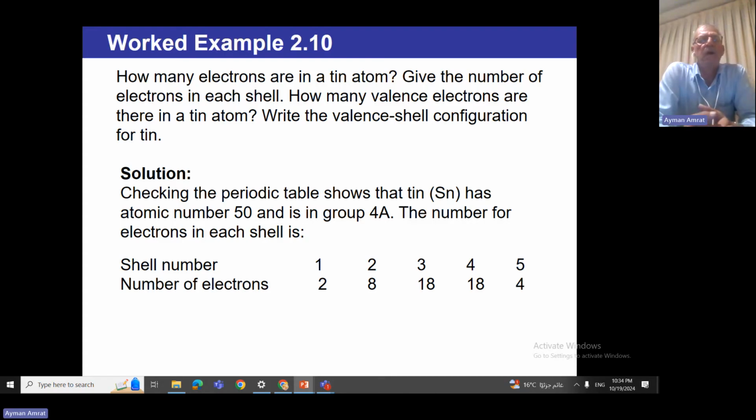The configuration is shell 1, 2 electrons, shell 2, 8 electrons, shell 3, 18 electrons, shell 4, 18 electrons, and the outermost contains 4 electrons. So there are 4 valence electrons in tin.